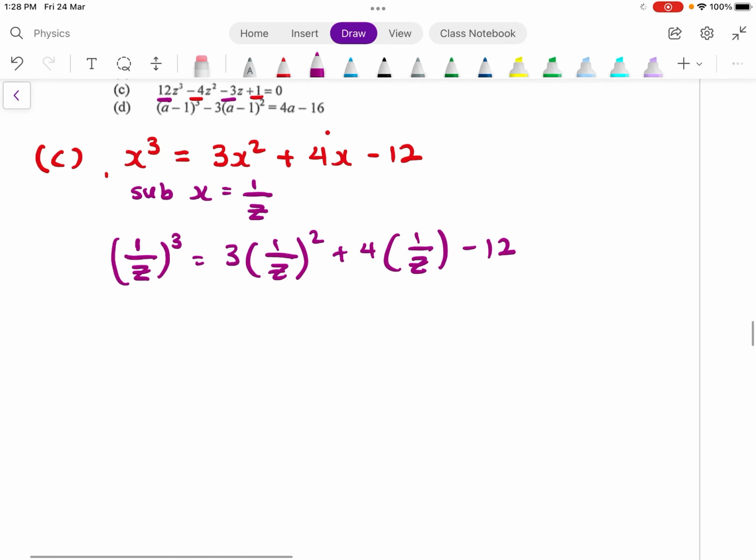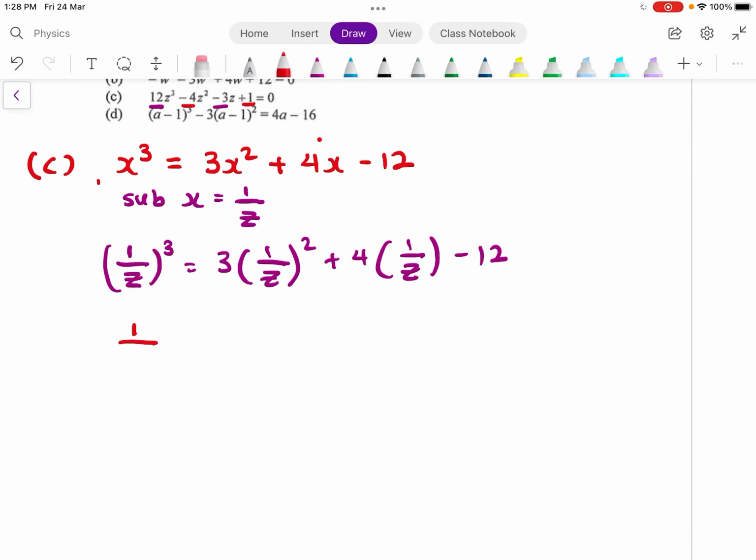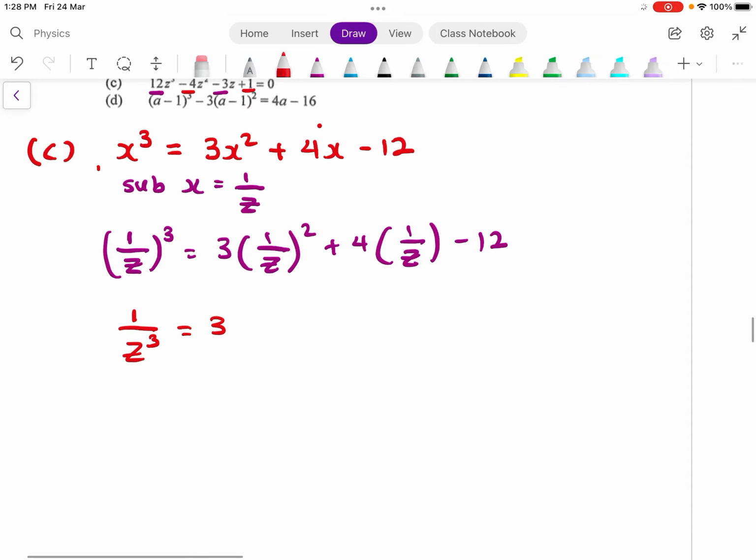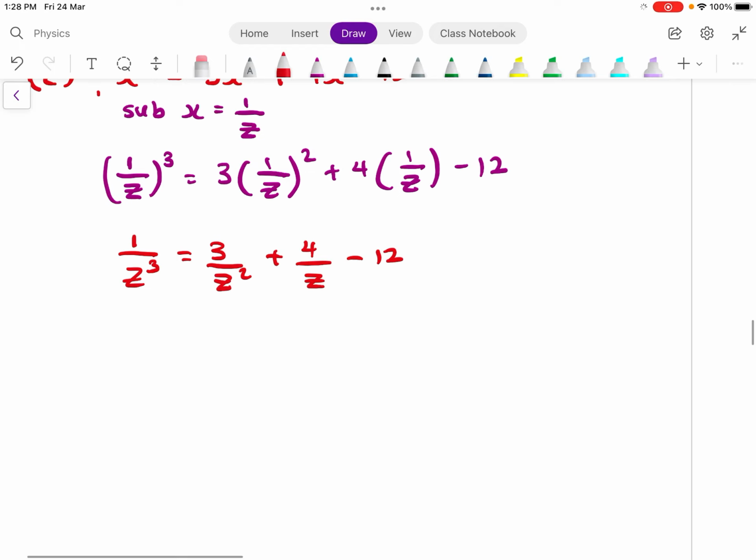Then I manipulate a bit. The left hand side gives 1 over z cubed, equal to 3 over z squared plus 4 over z minus 12. Then you cross the z cubed to the right hand side.